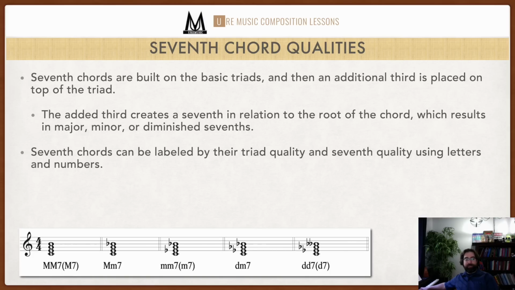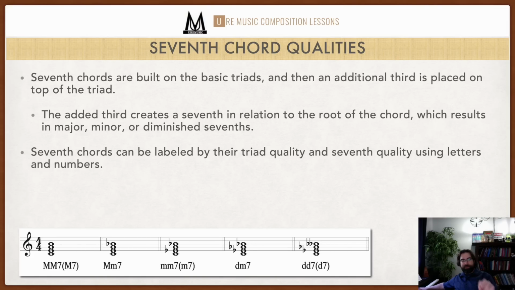The next one is a minor minor 7, so that means you have a minor triad, and then you have a minor 7th. Same as a major minor 7, but you'll notice the triad is minor. The diminished minor 7, you have a diminished triad, and then you have the minor 7th.